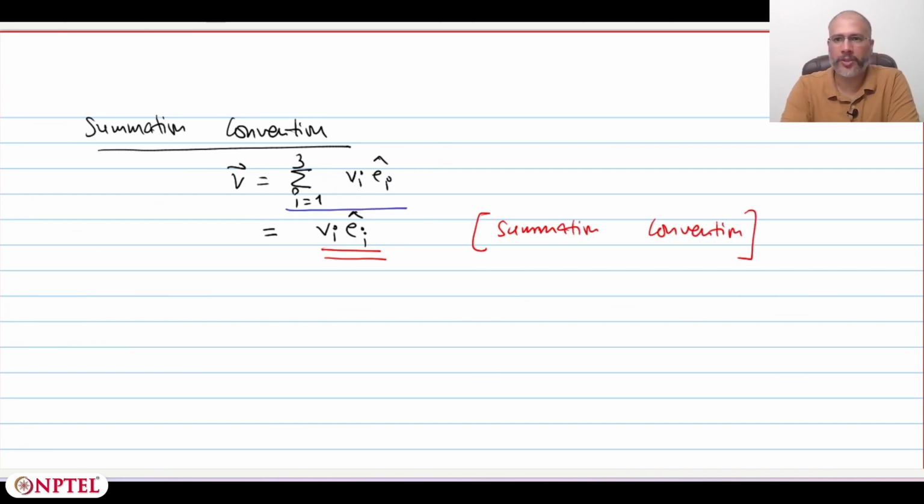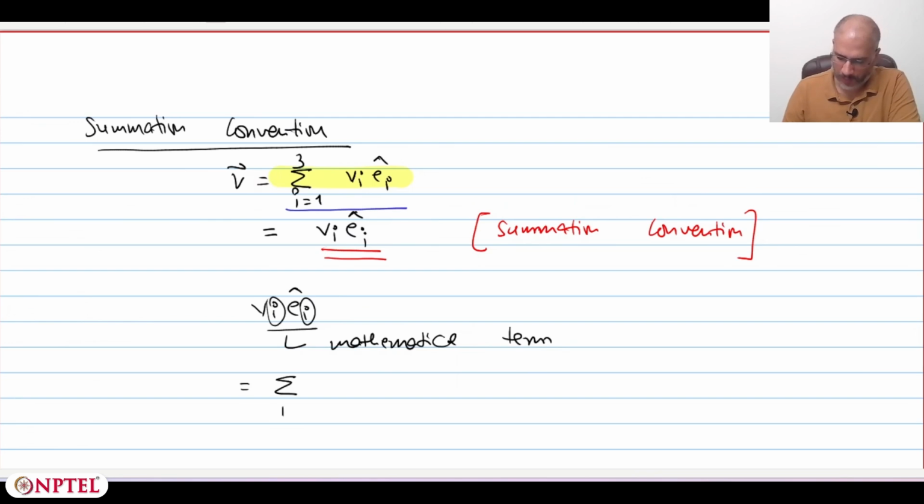The rule says that if an index appears exactly twice in a mathematical term, then summation is implied over it. Here vi ei is a mathematical term, and the index i appears exactly twice, so a summation is implied over it. So this is actually equal to the sum i going from 1 to 3 of vi ei.